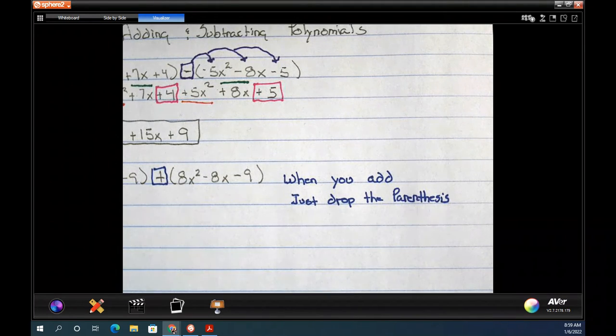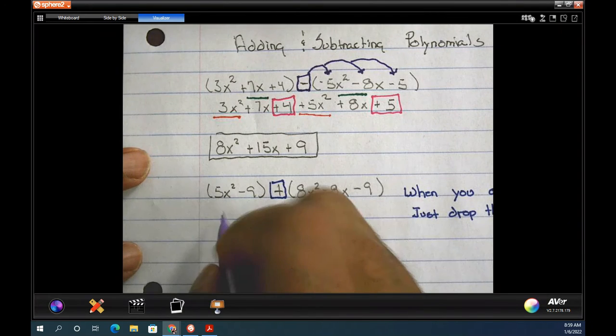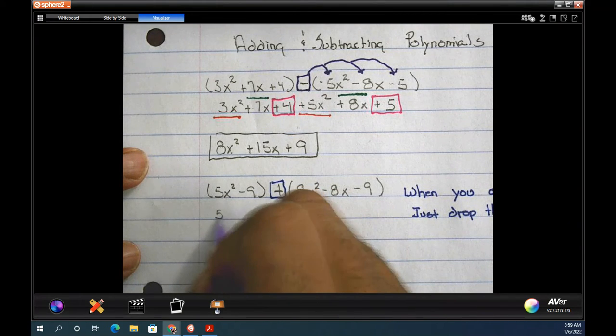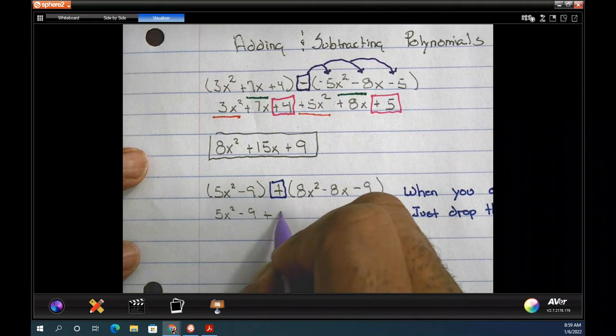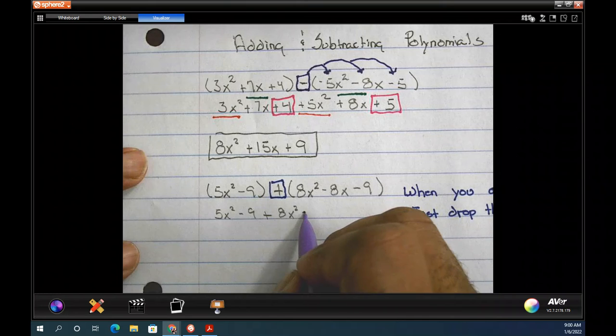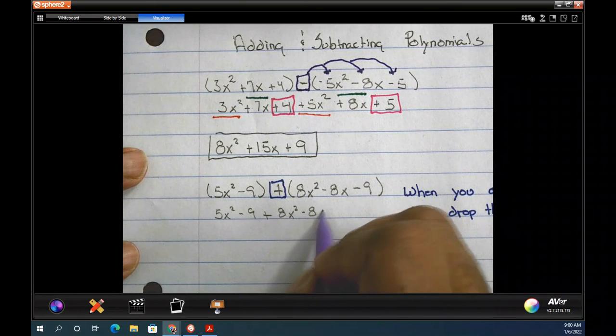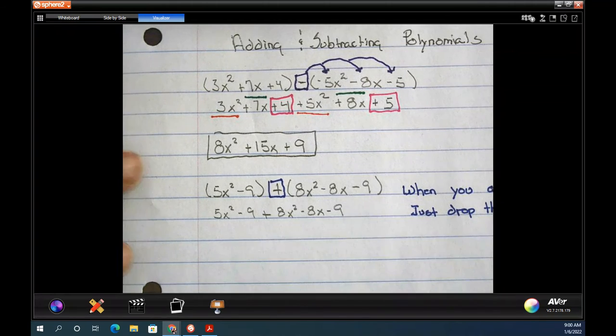So, here we go. I normally suggest this. Just rewrite the problem. 5x squared minus 9 plus 8x squared minus 8x minus 9. Okay? Here we go.